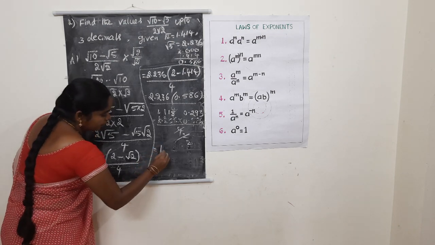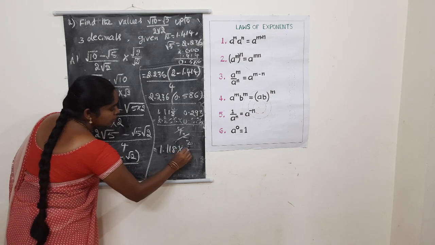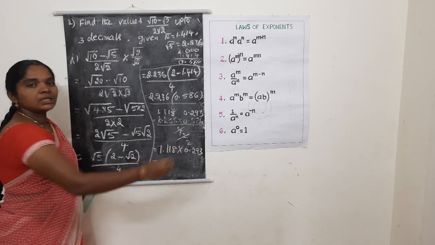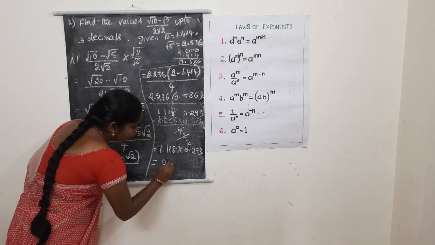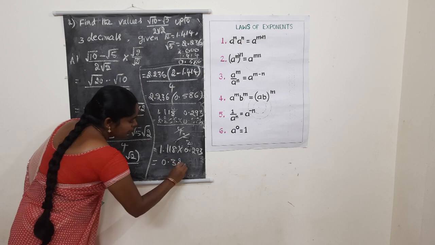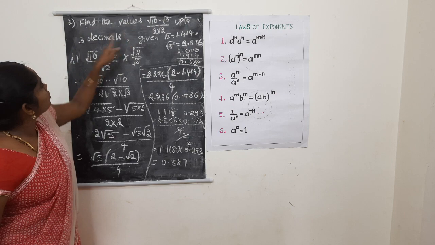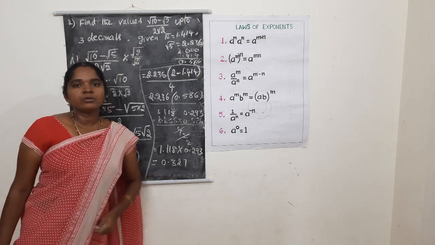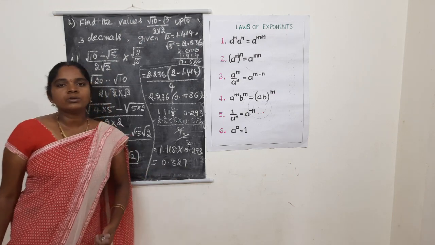So 1.118 into 0.293. Multiply these two numbers, so the result is 0.327. As given in the problem, find the values up to 3 decimals. The result is 0.327.